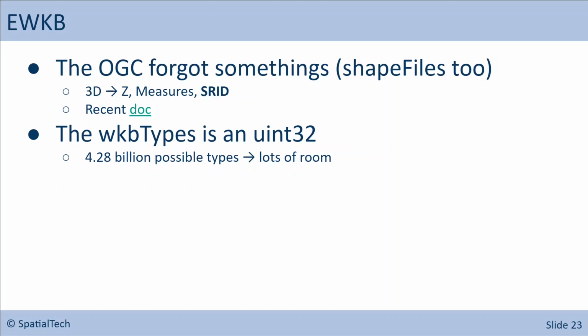Okay, so there's a possible 4 billion geometry types. In some systems, if it's signed, which means it can be negative, it's minus 2.14 billion to 2.14 billion positive. Here we start at 0, shift everything up, so it's 0 to 4 billion.